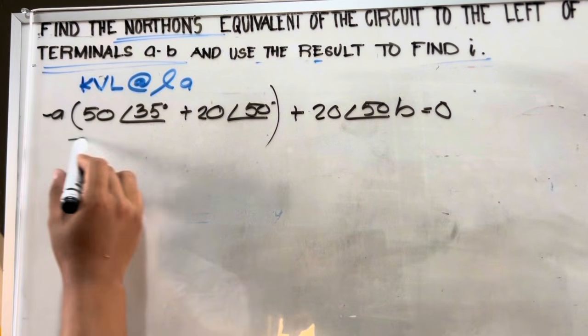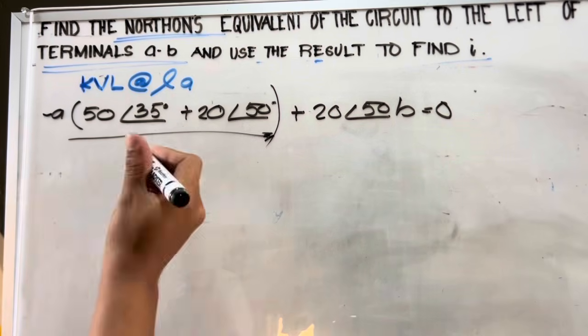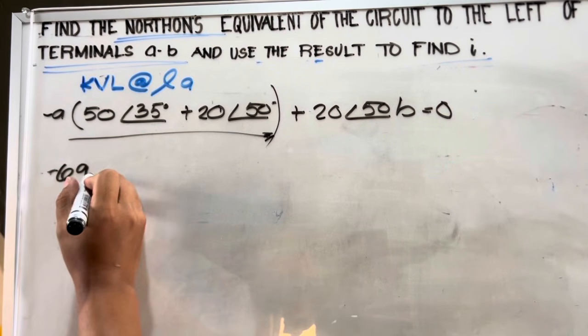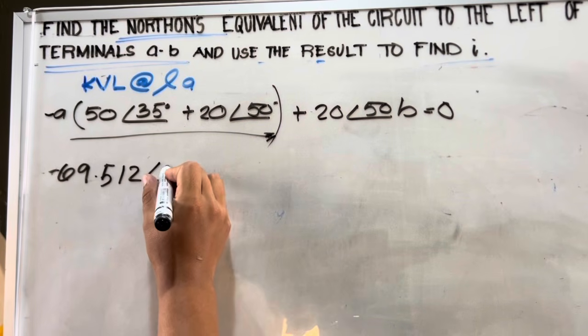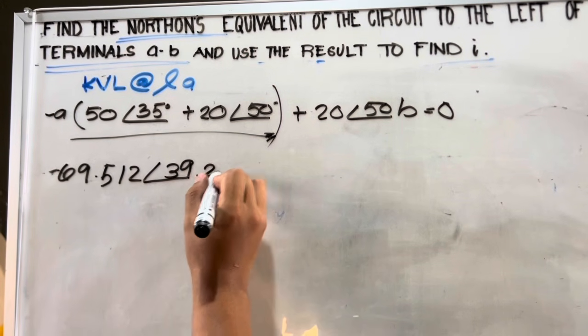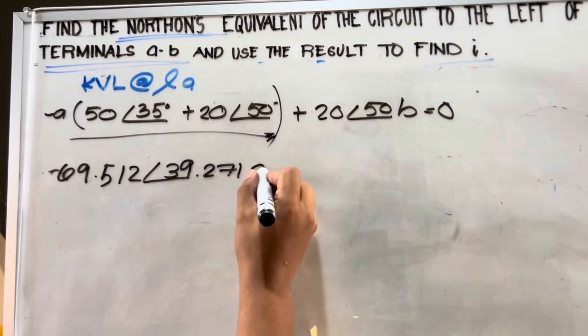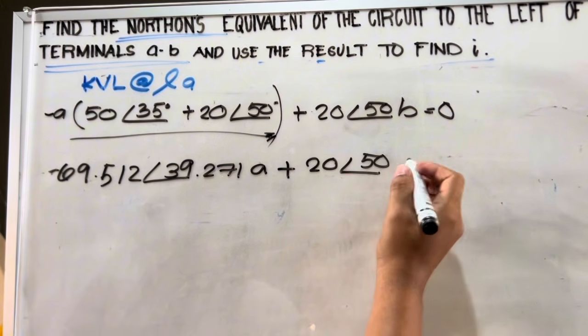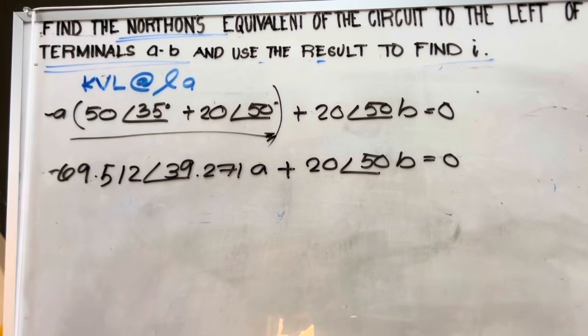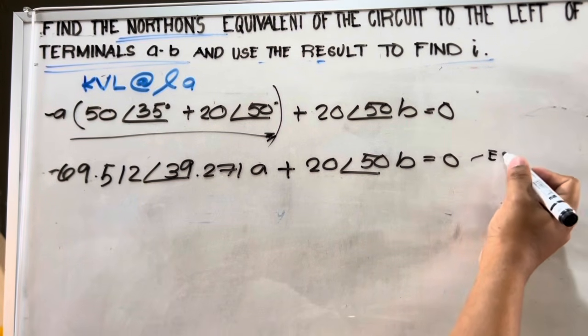Next, compute: this will become negative 69.512 angle of 39.271 times A plus 20 angle of 50 times B is equal to 0. This will become again our equation 1. Equation 1.